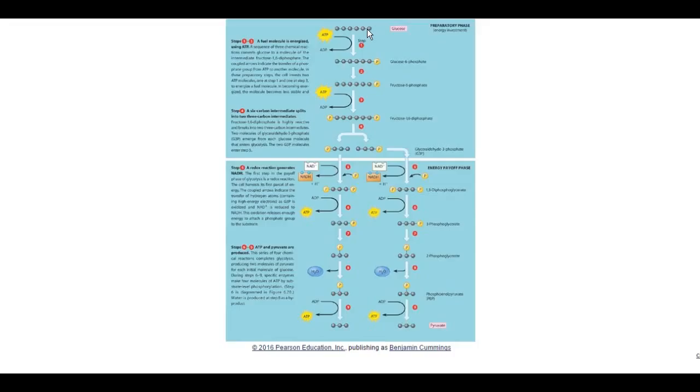What I want to point out to you is here's my 6-carbon glucose, and eventually we split it, and you can see it like a fork in the road. It's splitting into 2 halves, ending with this 3-carbon pyruvate. I'm going to talk really soon about all the details in between using a more clear diagram, but I just want you to compare this to your textbook.